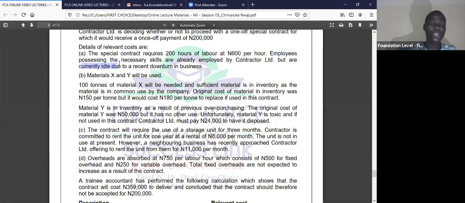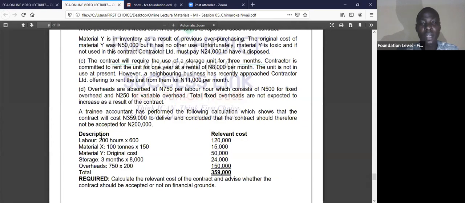The relevant cost is nil, because anyhow, they have to pay them for their idle time. So there is nothing special in paying them 600 naira again for using their idle time, which they have already been paid for, to do the job. And so instead of 200 hours times 600 naira, it should have been 200 hours times 0 naira, which will give you 0.